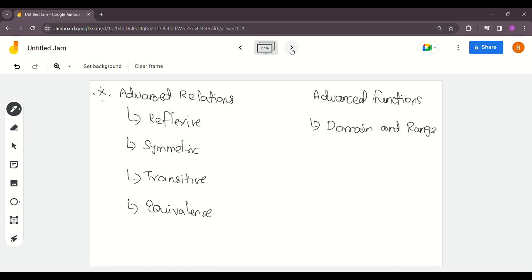These are all the topics in your actual plus 2 syllabus: advanced relations, that is reflexive relation, symmetric relation, transitive and equivalence relation, and advanced functions, with domain and range, and also how you check whether a function is an onto function or a many to one function. There are some specific conditions given for that. So now let us go into the detailed topics one by one.